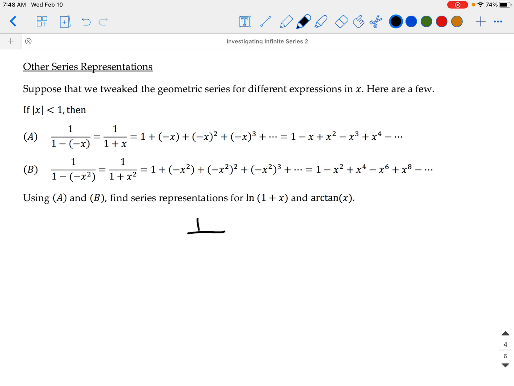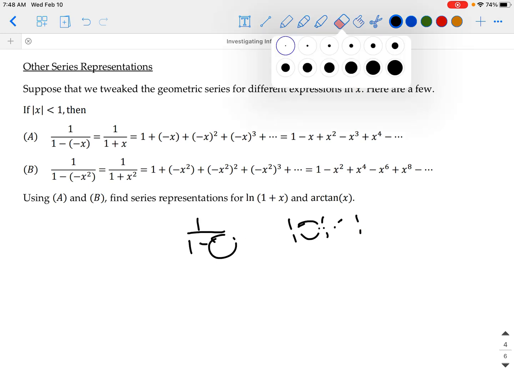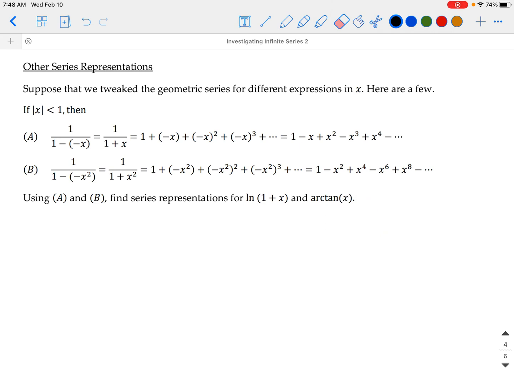So for our geometric series, we've got 1 over 1 minus something. That value is going to be something that we can just manipulate as long as whatever that something is, its absolute value is less than 1. So that thing in terms of x. So what we'll note here is that obviously the absolute value of negative x is going to be less than 1.